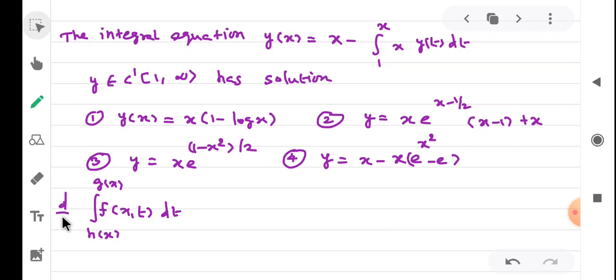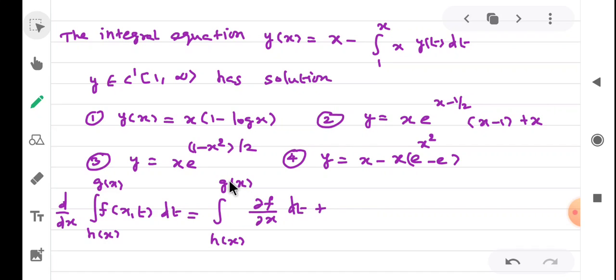So d by dx of this integral is nothing but integral h of x to g of x of the partial derivative of this function with respect to x, that is dou f by dou x into dt.